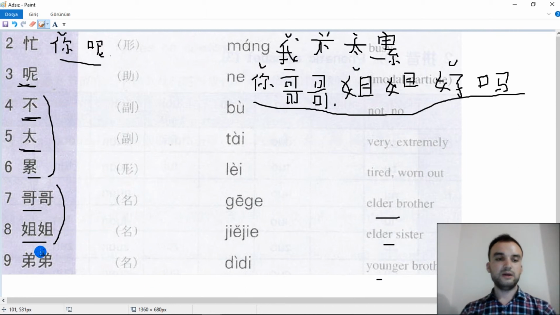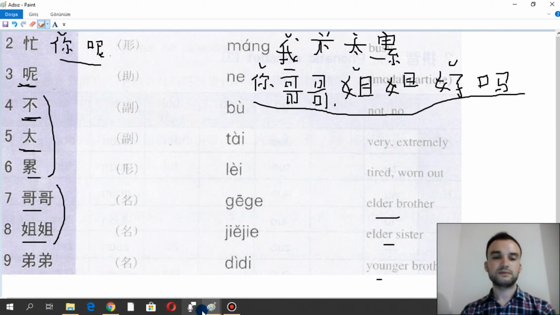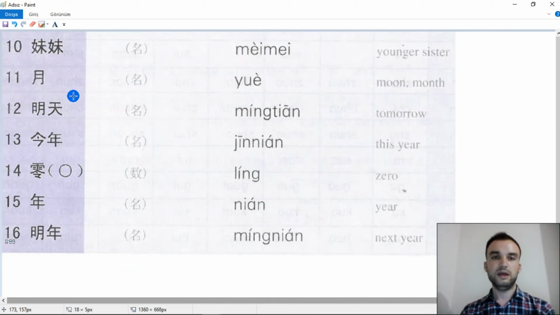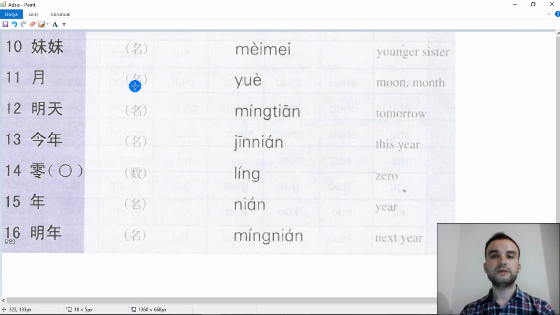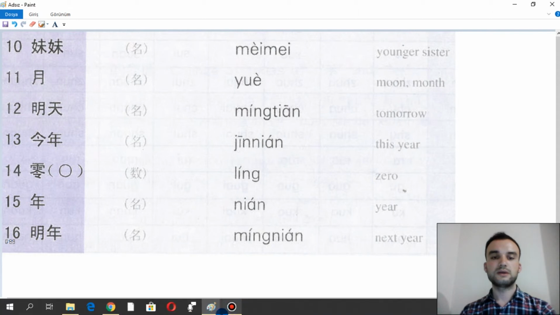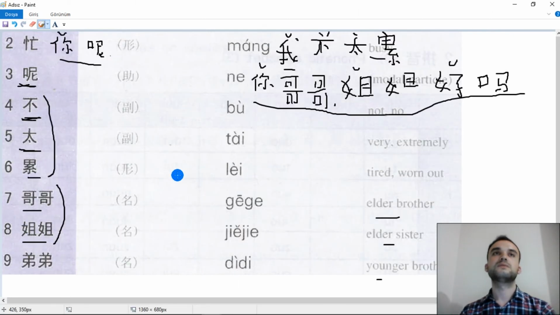So we have here didi and meimei. Didi and meimei. How can we make a sentence with these? For example, 我弟弟妹妹很好.